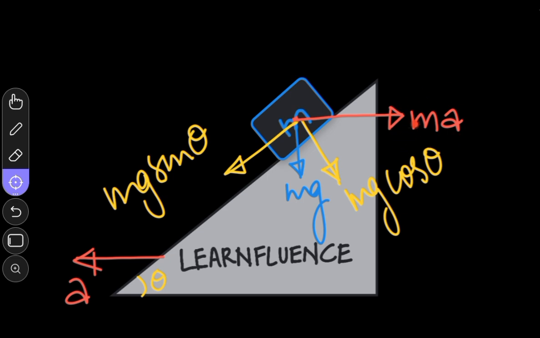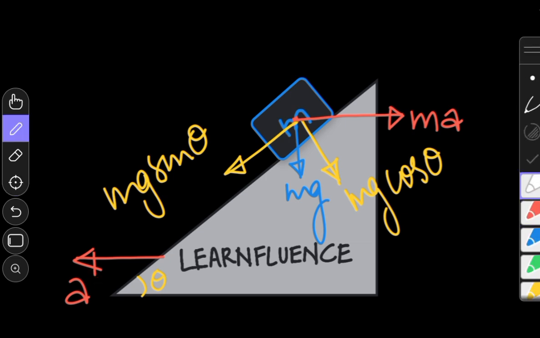When we are considering the motion of a body, or when we are drawing the free body diagram of a body which is accelerating, or which is in a non-inertial frame of reference, which means an accelerating frame of reference, in this case the triangular wedge, we need to consider pseudo force, and the pseudo force will act in a direction opposite to the actual force or the actual acceleration of the body.